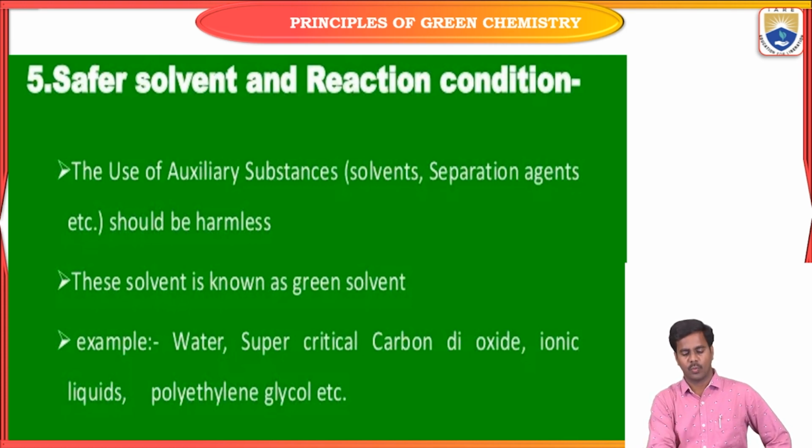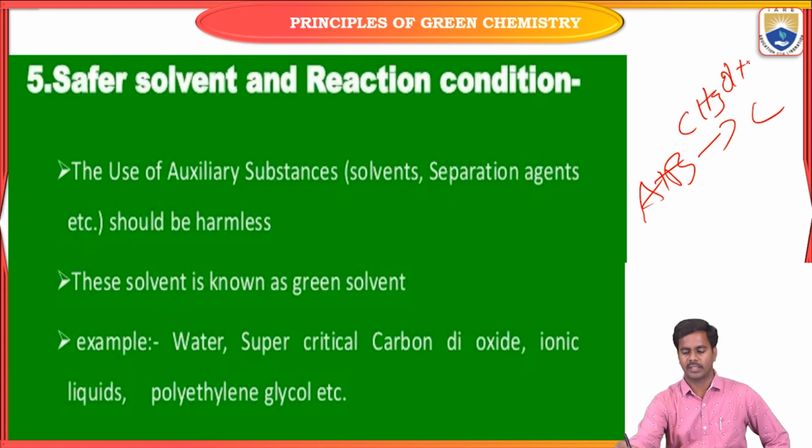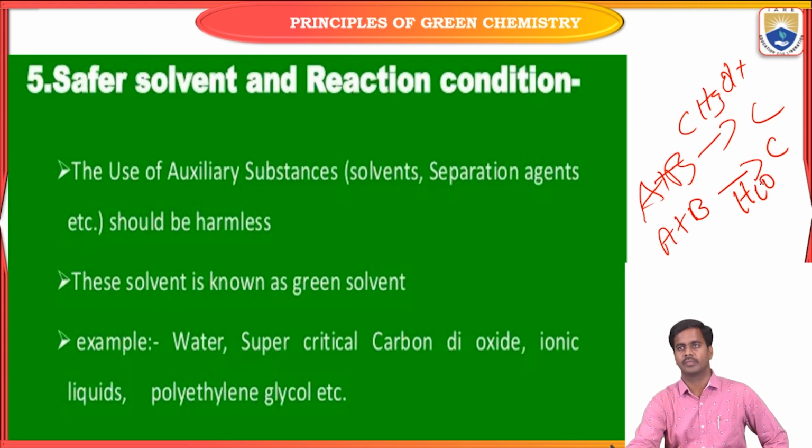For example, water. What is the eco-friendly solvent? We know that. When comparing chemical reactions, take A plus B gives rise to C in CH3OH, and the same reaction taking place in the presence of water. Among these two reactions, the second one is the most eco-friendly reaction.